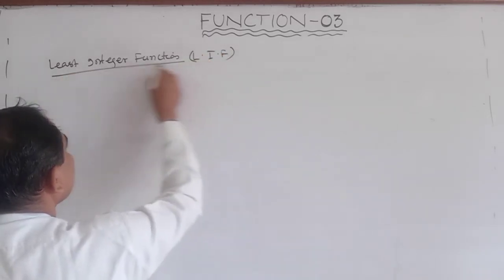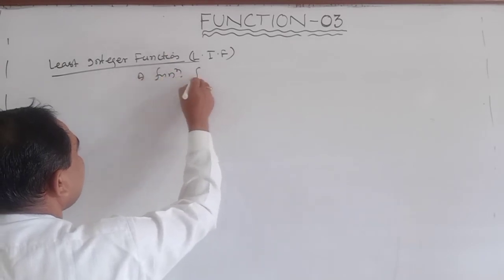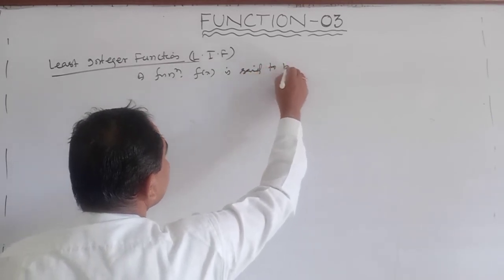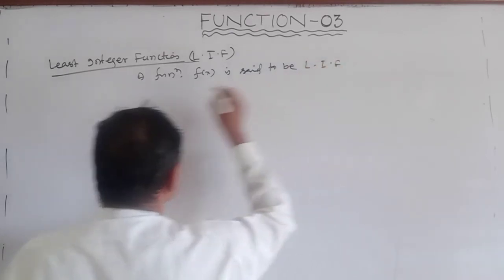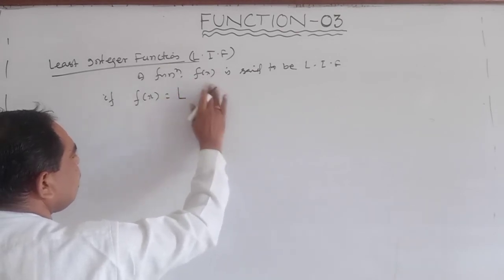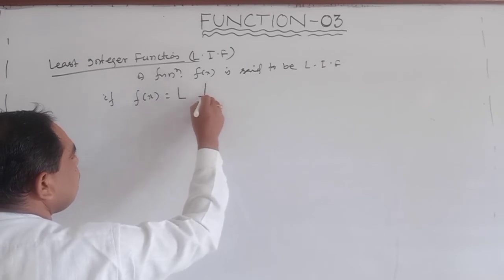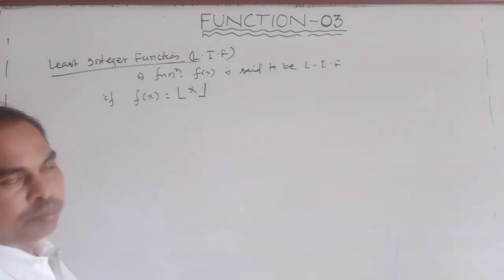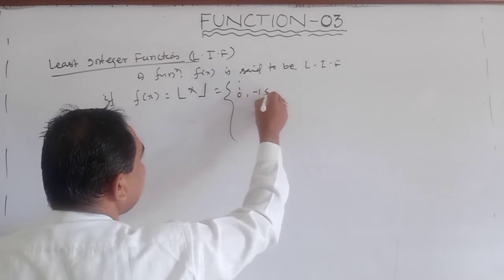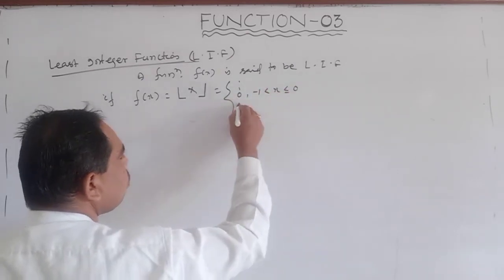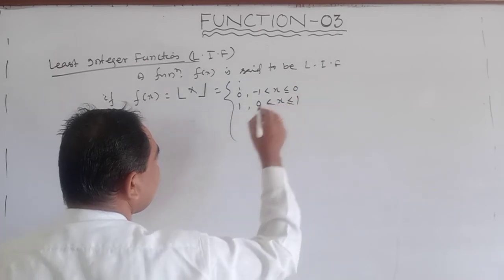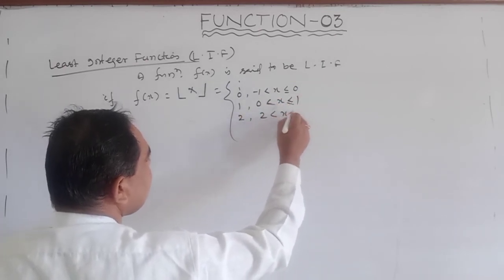A function f of x is said to be a least integer function if f of x is equal to this type: x, okay, and it equals 0 when minus 1 is less than x less than or equal to 0, 1 when 0 is less than x less than or equal to 1, and 2 when 1 is less than x less than or equal to 2, 3 when 2 is less than x less than or equal to 3.